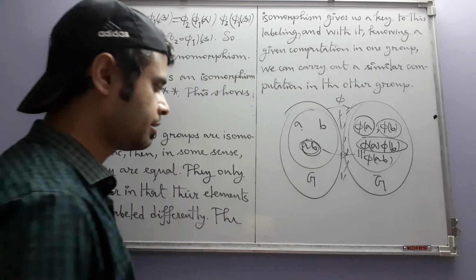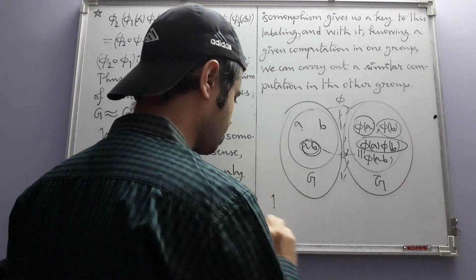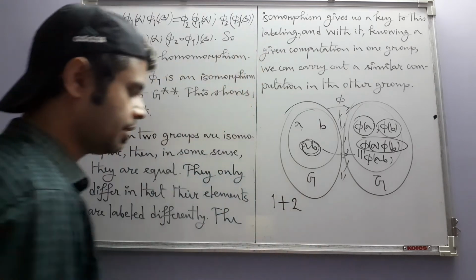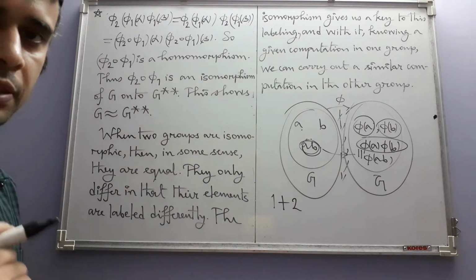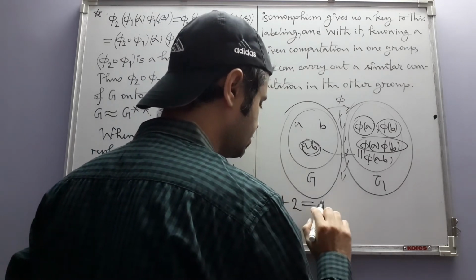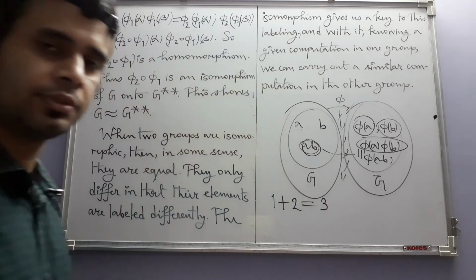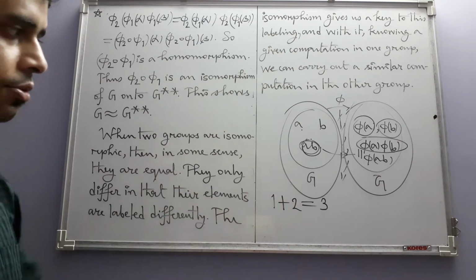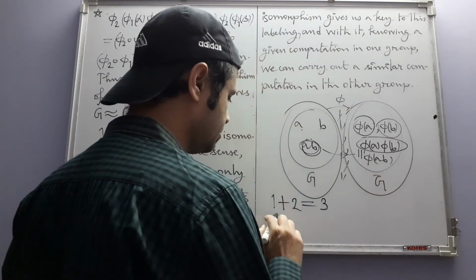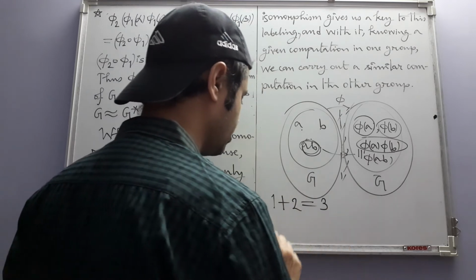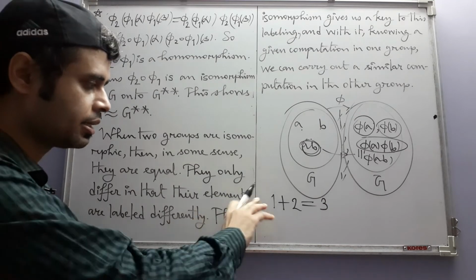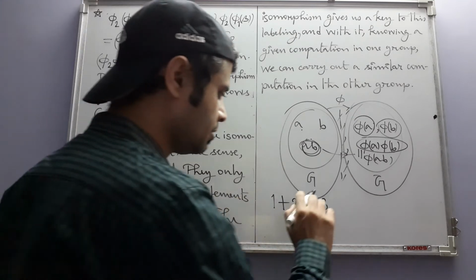Okay, it's like adding, say, in the additive group of integers. If I add 1 and 2, I have 3. Okay, in this group. In another language, in my mother tongue, say Bengali, we use different symbols for the same numbers.